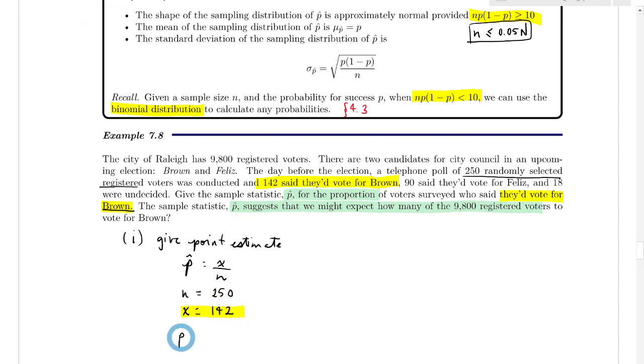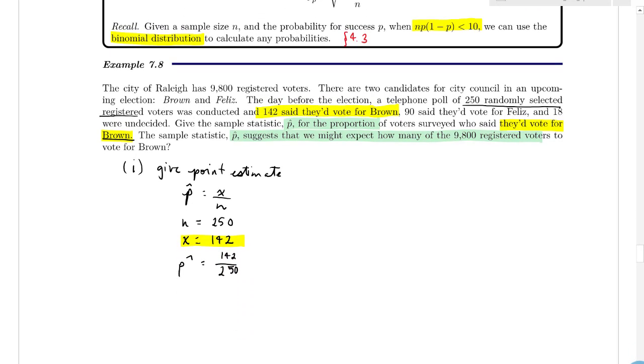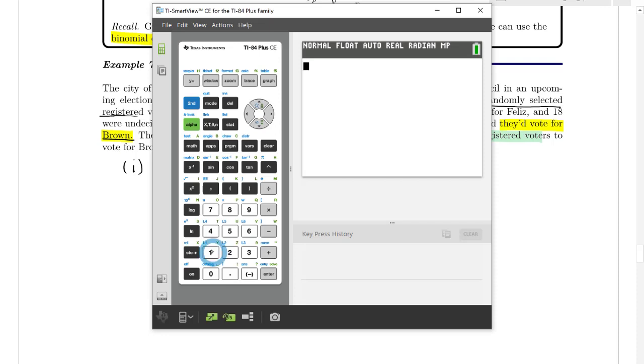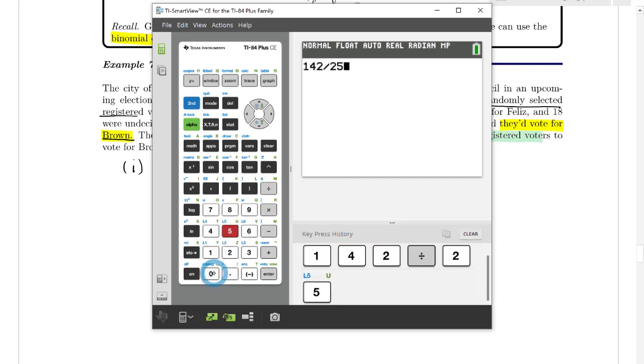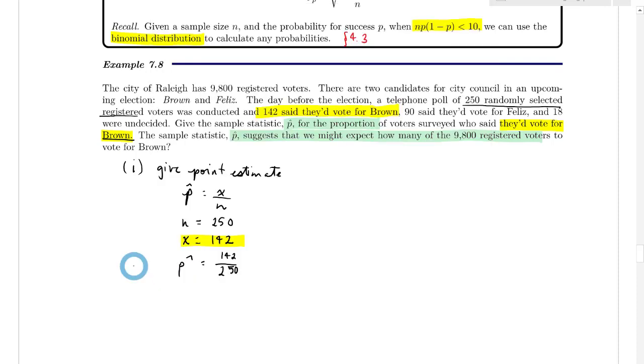So p hat is just equal to 142 over 250. If I put this in the calculator, I get 0.568, meaning 56.8% of the sample would vote for Brown.